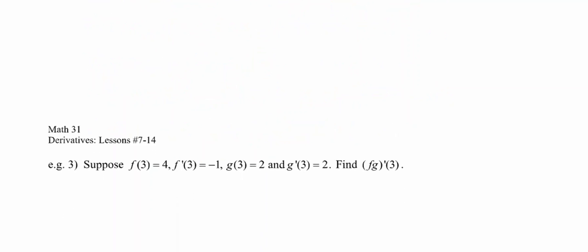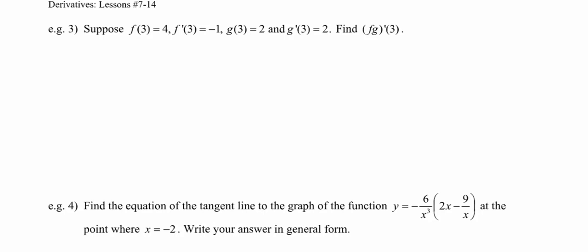Okay, next one. Suppose f of 3 is equal to 4, and f prime of 3, or the derivative of f at 3, is equal to negative 1. And it says g of 3 is equal to 2, and g prime of 3 is equal to 2. Find f times g prime of 3.